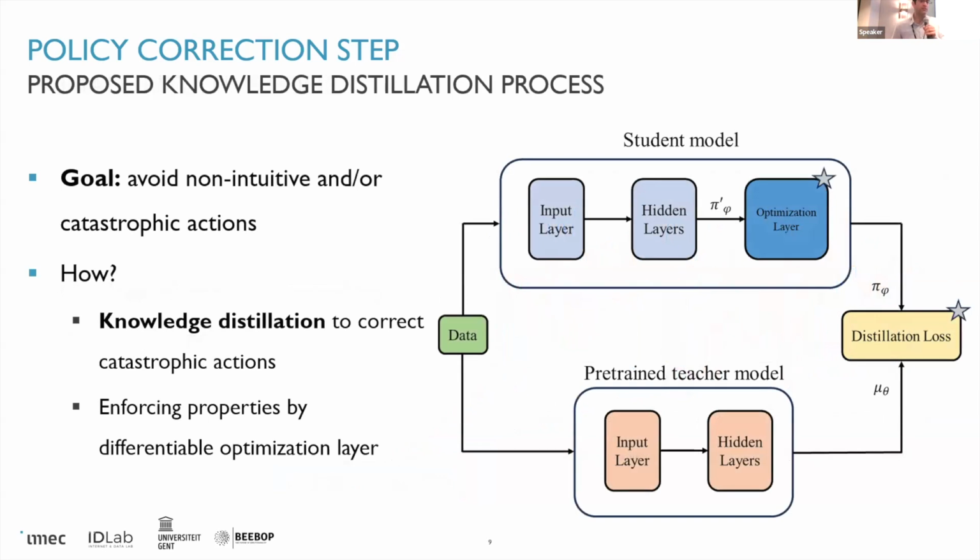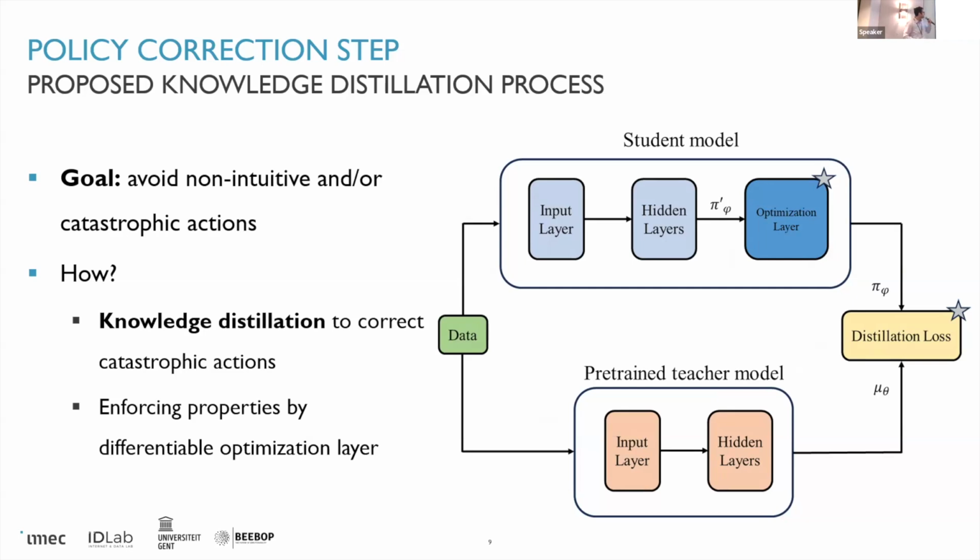So to deal with that problem, we try to use knowledge distillation. So we extend the standard knowledge distillation process, as you can see in this slide. Basically, in knowledge distillation, we have a teacher model, which in our case is a pre-trained RL model that we have used. And also we have a student model, which tries to mimic the teacher model.